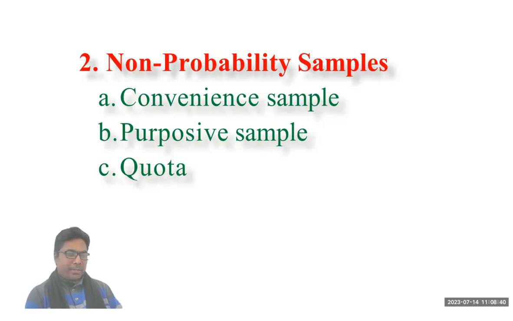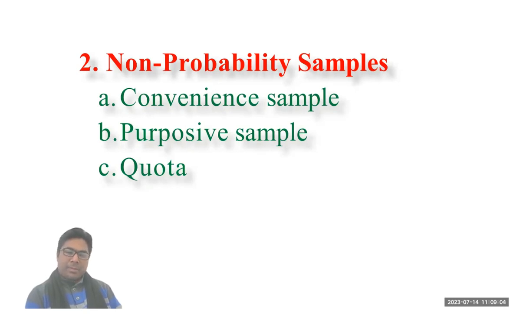Listeners and learners, kindly check the first session of this lecture to learn about the probability sampling method and all other aspects. Now we are left with non-probability sampling. Under that, we have convenience sampling, purposive sampling, and quota sampling.